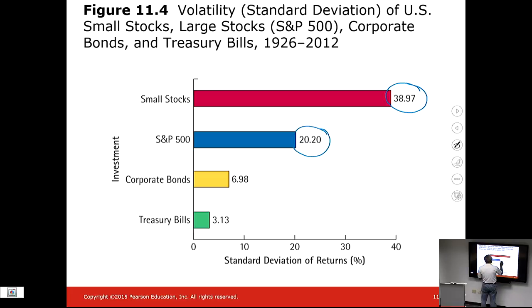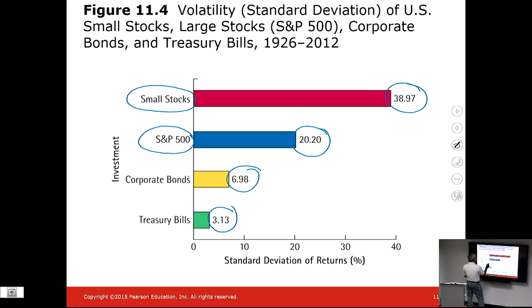The large cap stock has a higher return than corporate bond, but it also has higher standard deviation. So the higher reward that we had in small cap stocks versus large cap, versus corporate, versus treasuries, that larger return is driven by larger risk or greater risk.